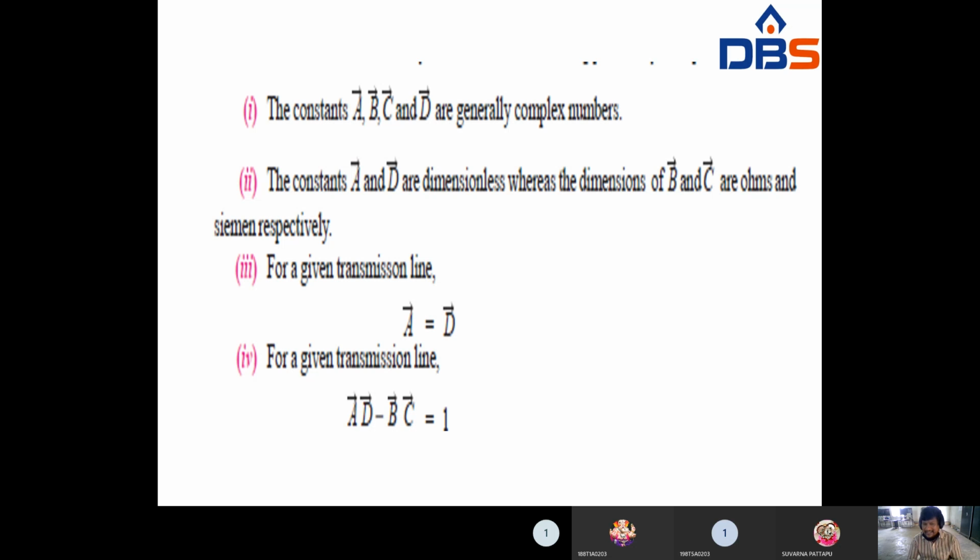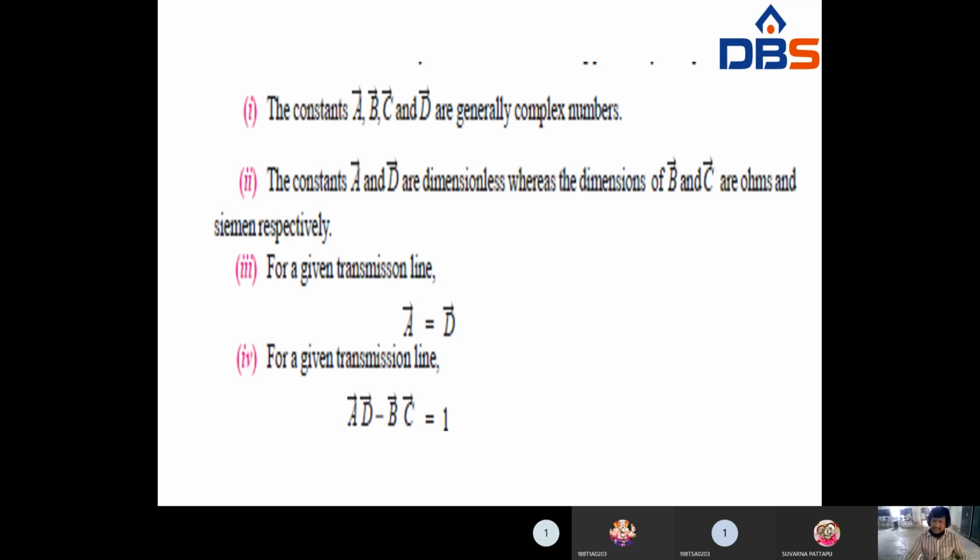The constants A and D are dimensionless. Why? Because they are V1 by V2 and I1 by I2, like that. That's why A and D are dimensionless. But B is in ohms, V by I, and C is in mho or Siemens, I by V. So these constants A, B, C, D are generalized complex numbers, and A, D do not have any unit, but B has the unit ohm, and C has the unit mho or Siemens, right?